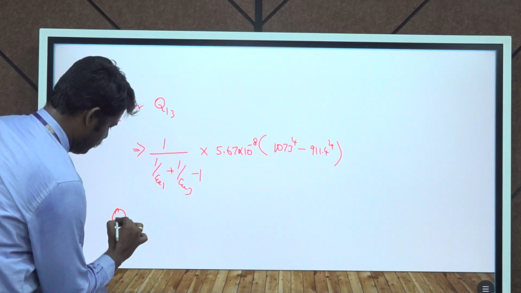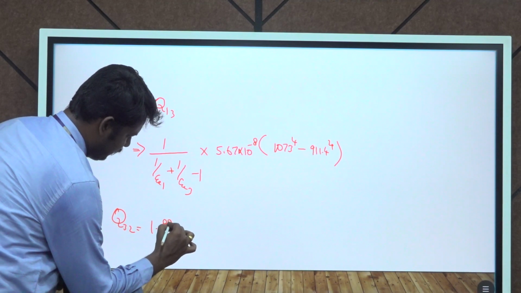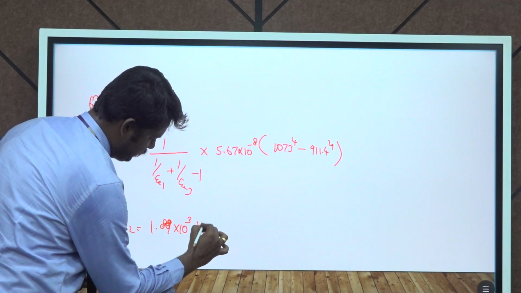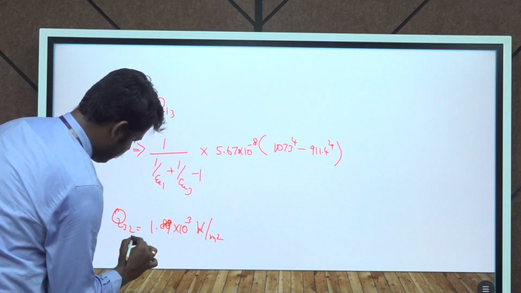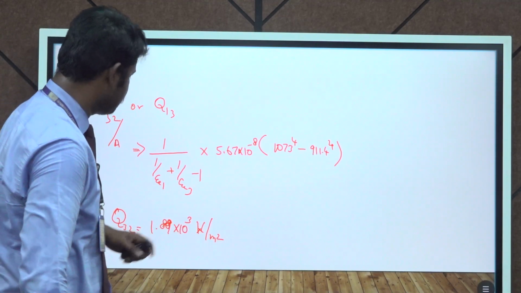So Q32 will be equal to 1.89 into 10 to the power 3 watt per meter square.